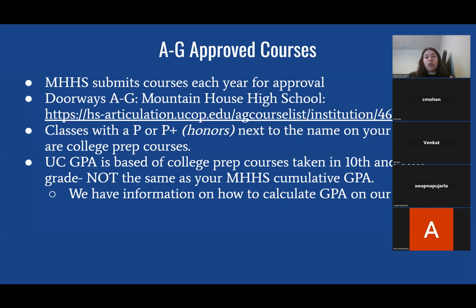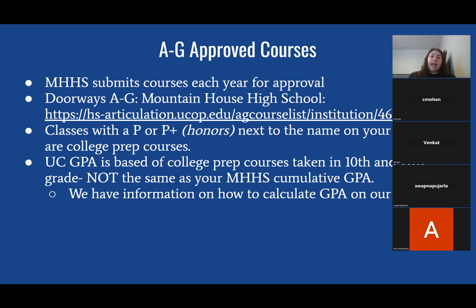This is also linked on our website. Like I mentioned, we will have this PowerPoint and video all on our website as well. So keep that in mind. But again, something really easy that you can do is Googling UC Doorways and putting in Mountain House High School. You'll be able to see all of our approved courses on there.